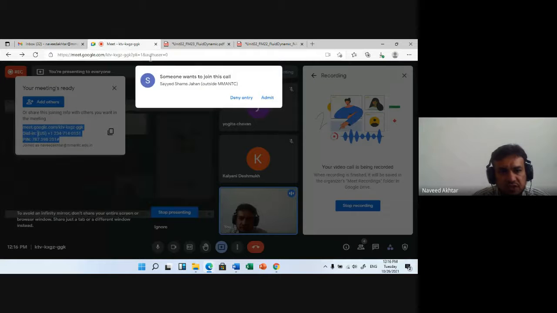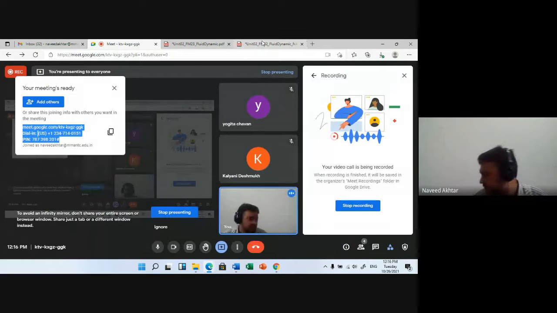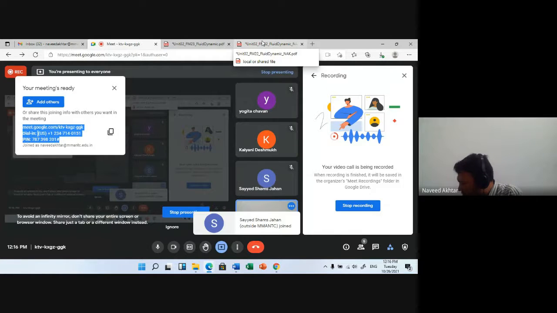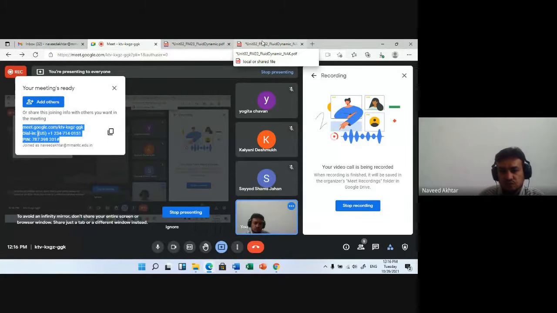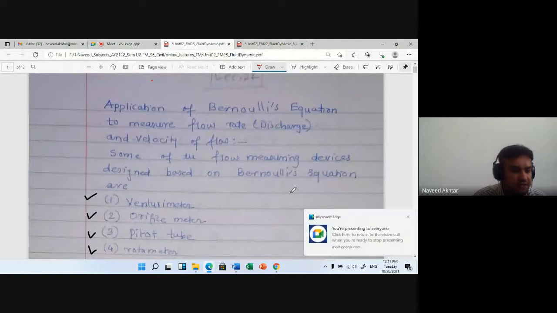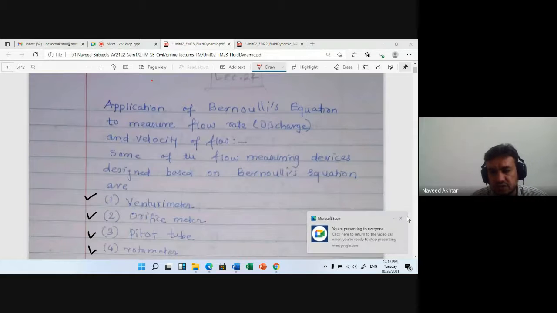Okay, the venturimeter we have discussed in detail yesterday.